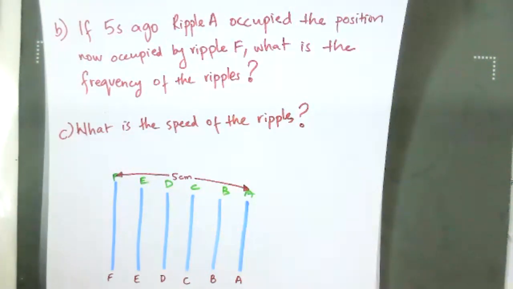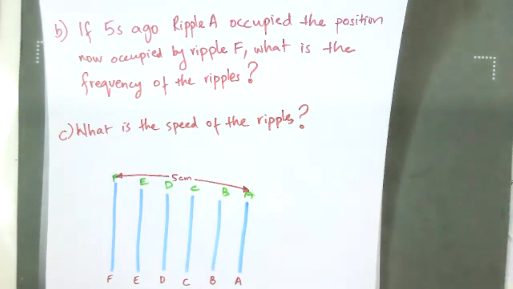Wavelength is 1 centimeter. Okay, time passed is 5 seconds. Yes, Maruj. The frequency would be 1, because it's saying that 5 seconds ago ripple A occupied the position of ripple F. Yes, so there are 5 wavelengths.